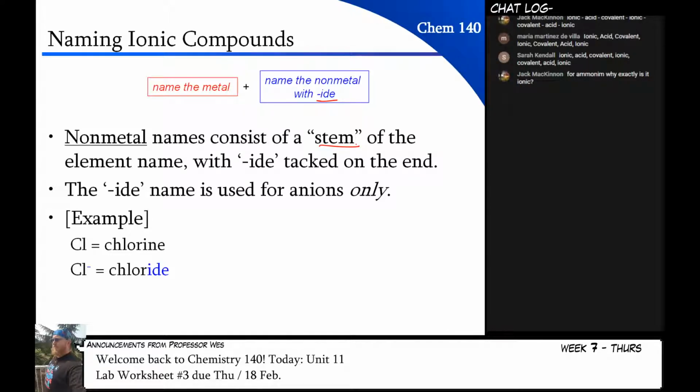There is a table in your text if you need to review them. But we're going to write them out on the Photoshop screen in just a second here. So here's an example of what we're trying to do. Chlorine is the element off the periodic table. Chloride has a negative charge. Know the difference. Ide is used for anions only.